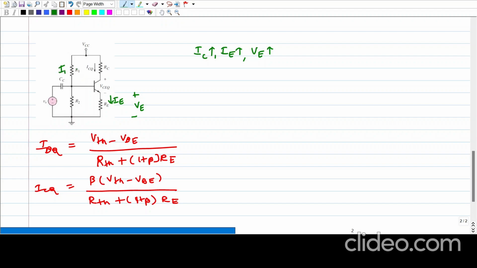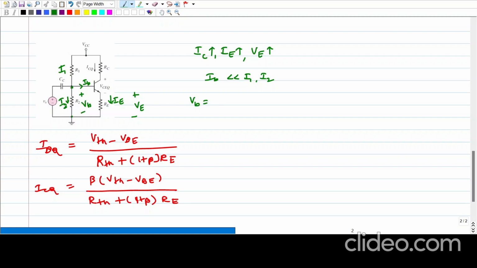Now I1 is the current flowing through R1 and I2 is the current flowing through R2, and IB is the current into the base. We have to assume that this IB is very small when compared to I1 and I2. So in such a case, VB is the voltage across the base, from here to here.